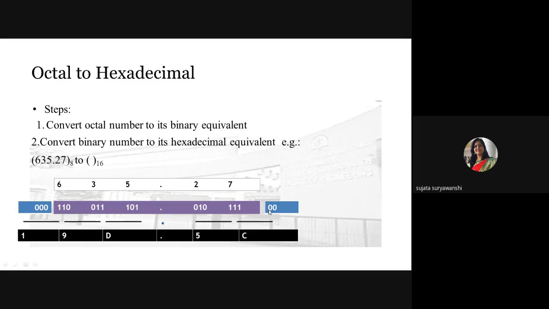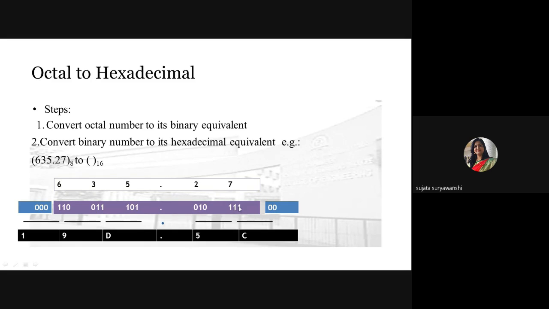The next bit is multiplied with 2 raised to 1, then 2 raised to 2, and 2 raised to 3. Here 2 raised to 0 is 1, but the given bit is 0, so the LSB contributes 0. The second digit is also 0, so 0 into 2 raised to 1, which is 2, is again 0.